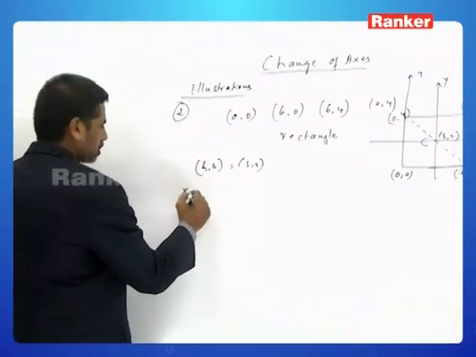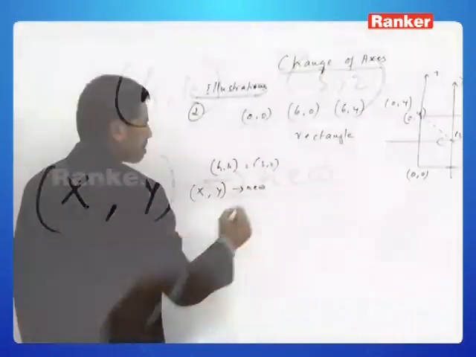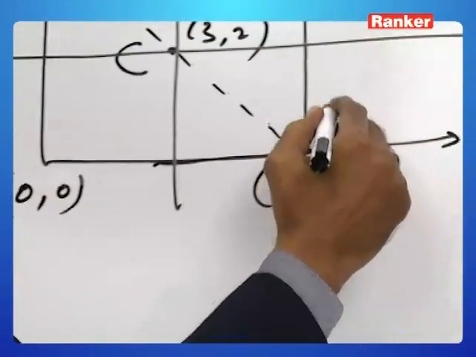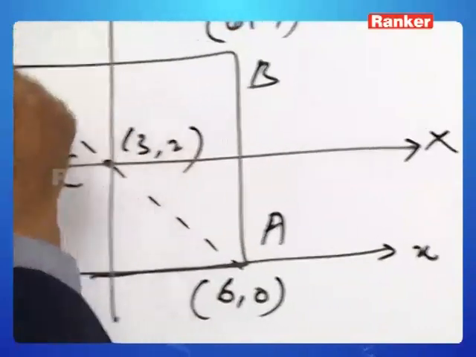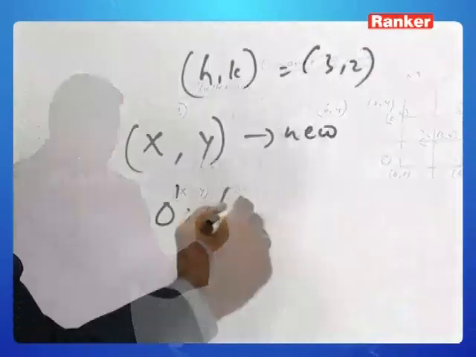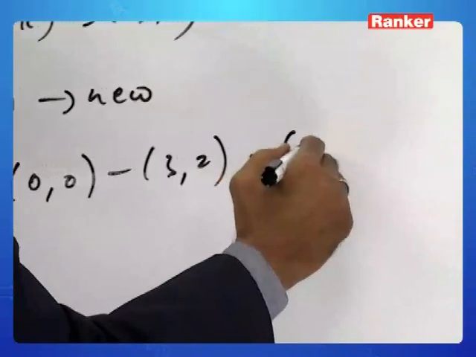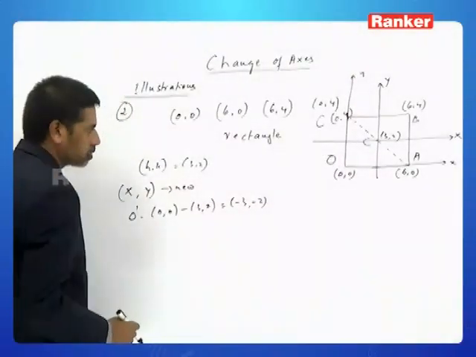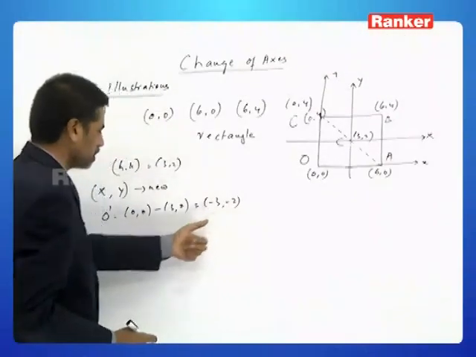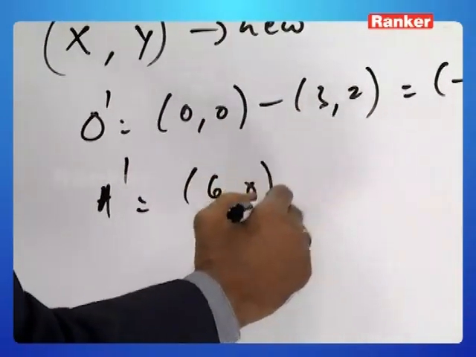So capital X, capital Y, if we assume them to be the new coordinates, let us call this O, A, B, C. O dash is equal to 0, 0 minus 3 comma 2. So this gives minus 3 comma minus 2. So this point as seen from here will have coordinates like this. Similarly, A dash is equal to 6 comma 0 minus 3 comma 2.